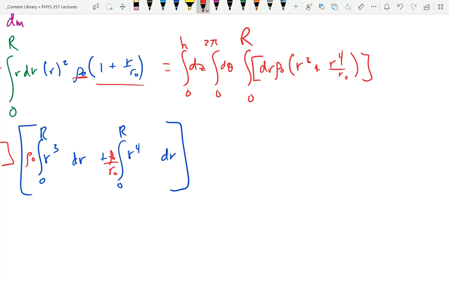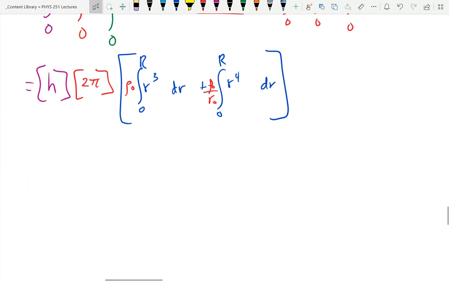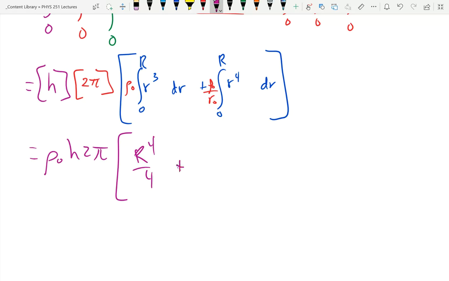And now I'm ready to do some integration. Well, we've already done some integration. R cubed, r to the 4th.